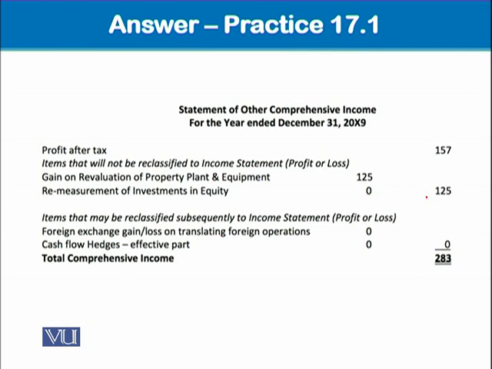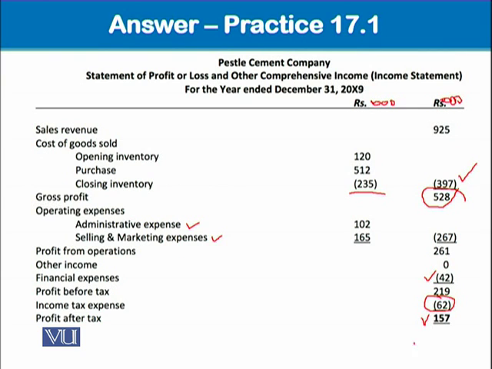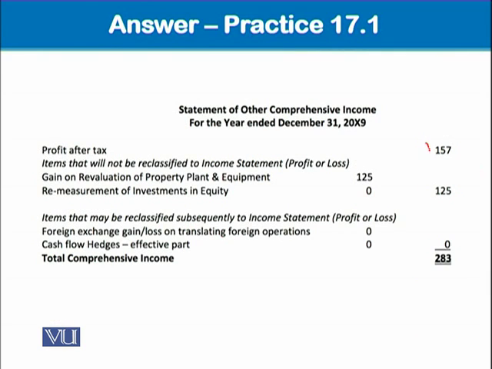Next comes our statement of other comprehensive income. This 157 will be taken from here and placed over here in the statement of other comprehensive income. We are preparing the statement of other comprehensive income now. We bifurcate into two categories: items which will not be reclassified to the income statement and items which may be reclassified to income.